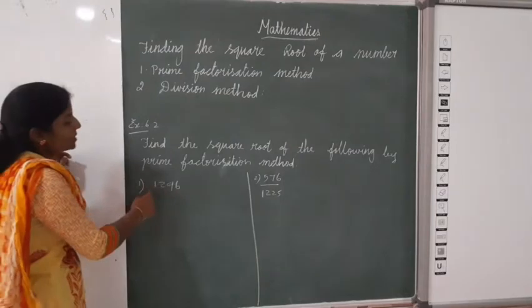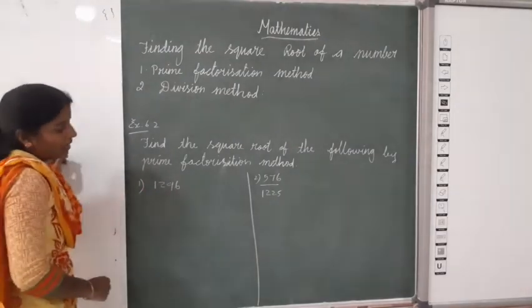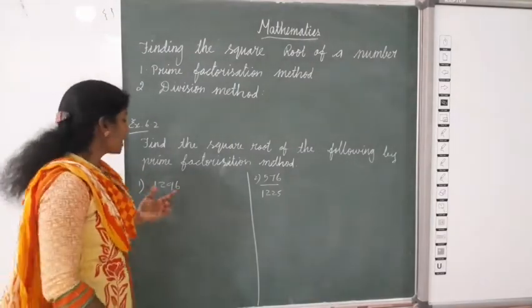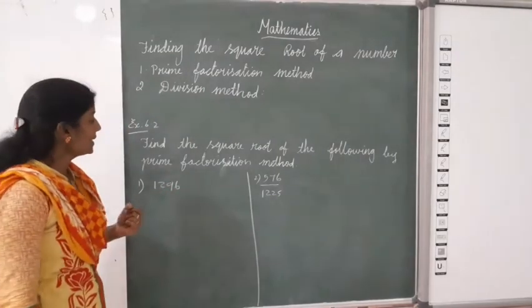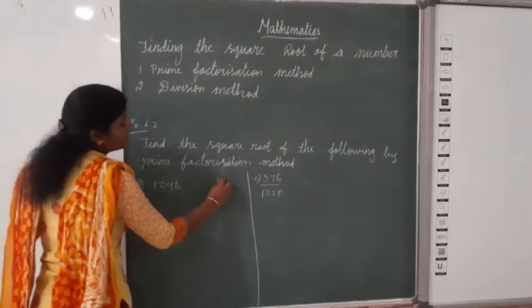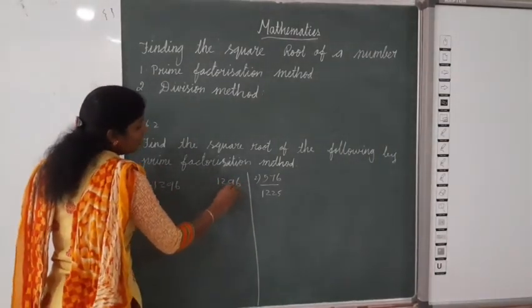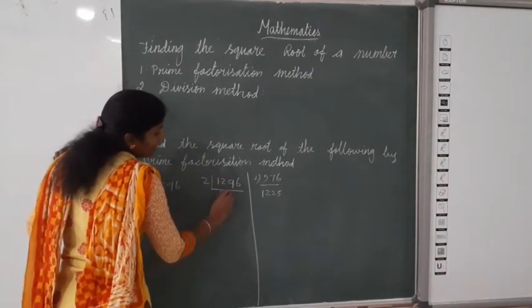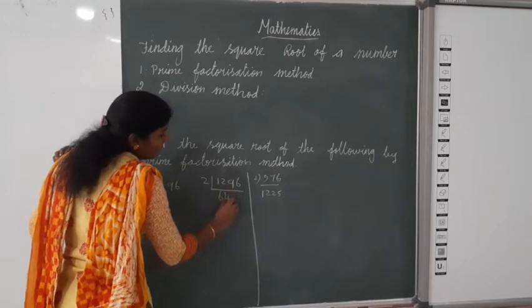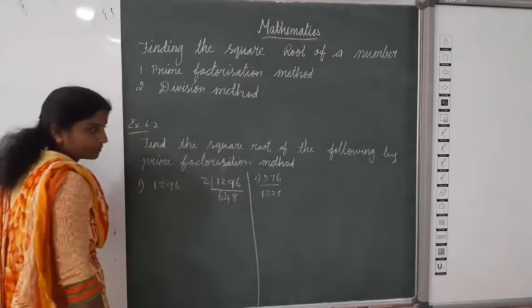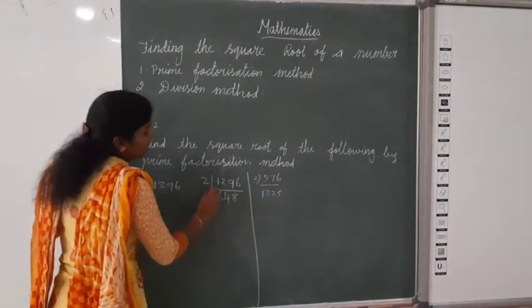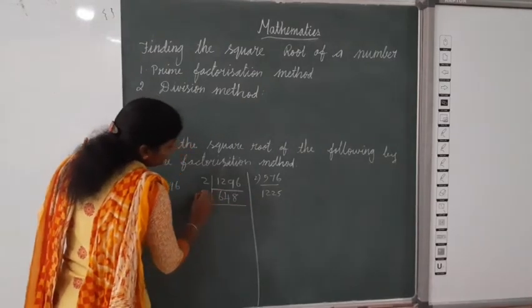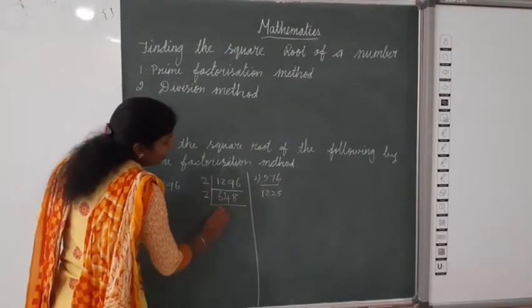Now, 1296. Now we can find all the prime factors of 1296 using the method. Now 2 table, 6 2s are 12, 4 2s are 8, 8 2s are 16. Then 2 table, 3 2s are 6, 2 2s are 4, 4 2s are 8.